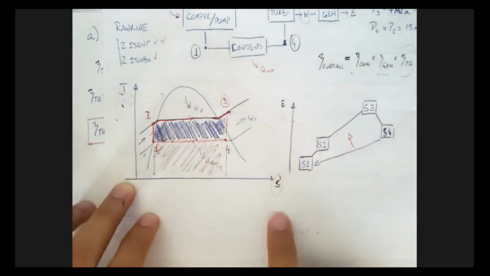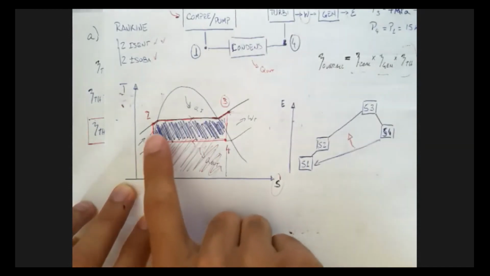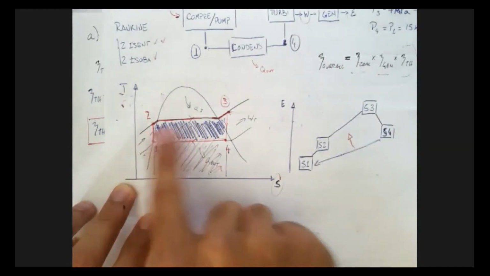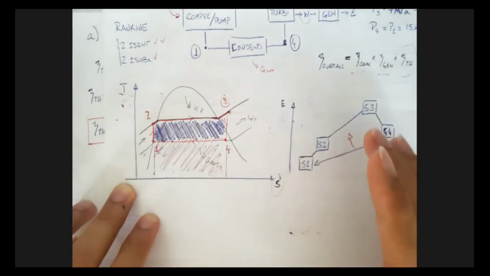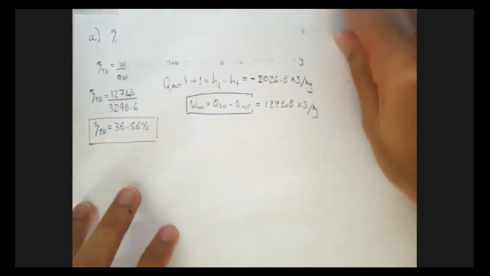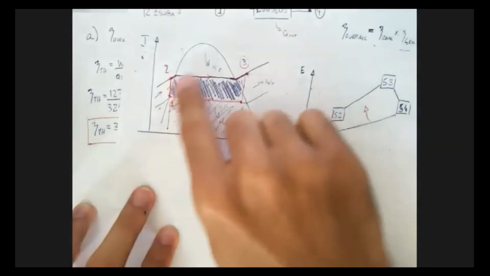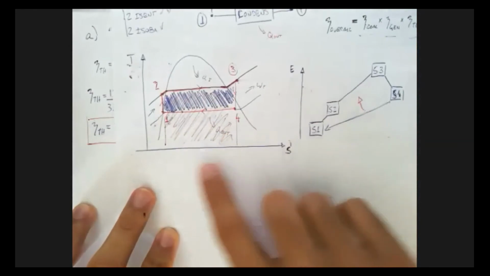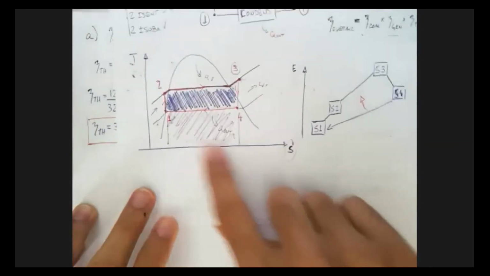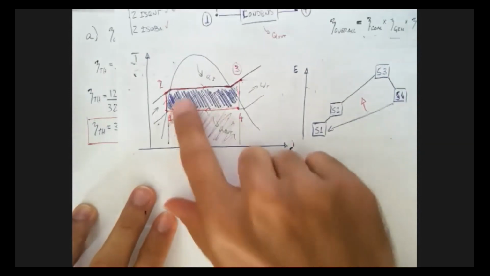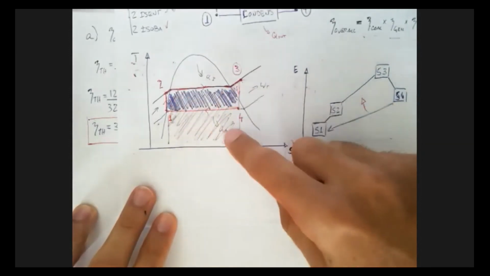And if we want that blue hashed part there, what we need to do is take the one from 2 to 3 and subtract the one from 4 to 1. Okay? In quantities, that's easy. This big area here is about 3,200 or 3,300. And the quantity of this smaller area down here is 2,000, right? So if I want this area here, it's just one minus the other.